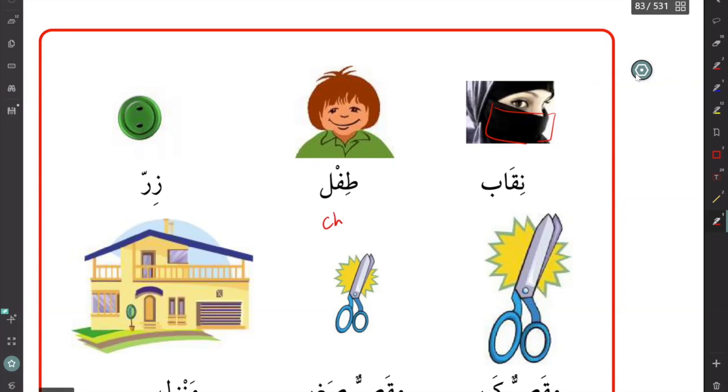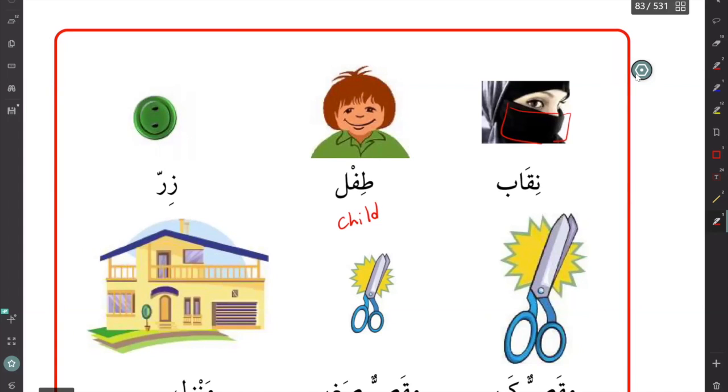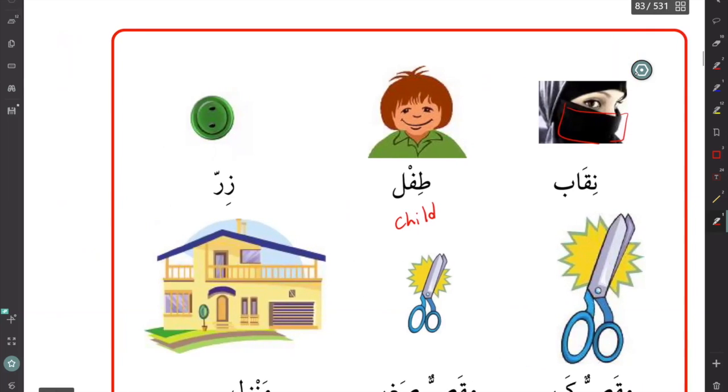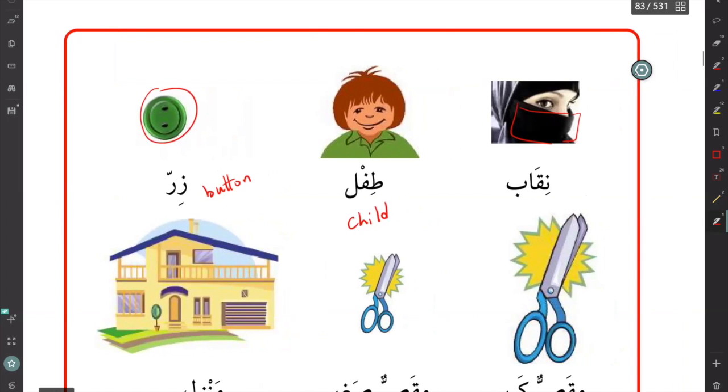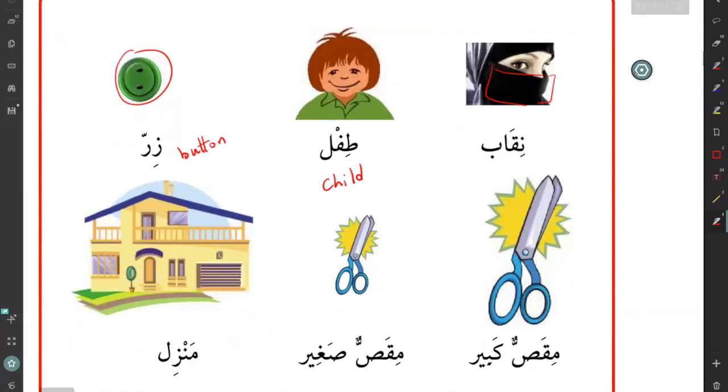Tifl is child. Okay, this is the word dedicated for child. As I said, in some context, especially in classical Arabic, walad also meant child. But for us, it's fine that we understand tifl is child. Then zirrun is button. Button, right? This is a button.